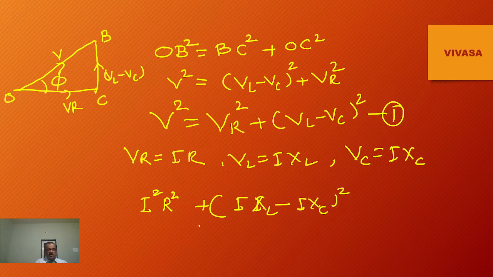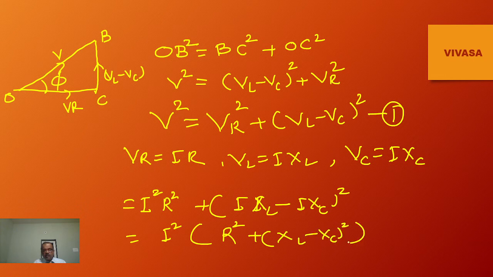Now from this you can take I square common. This is I square into bracket R square plus (XL minus XC) whole square, and this is equal to V square.